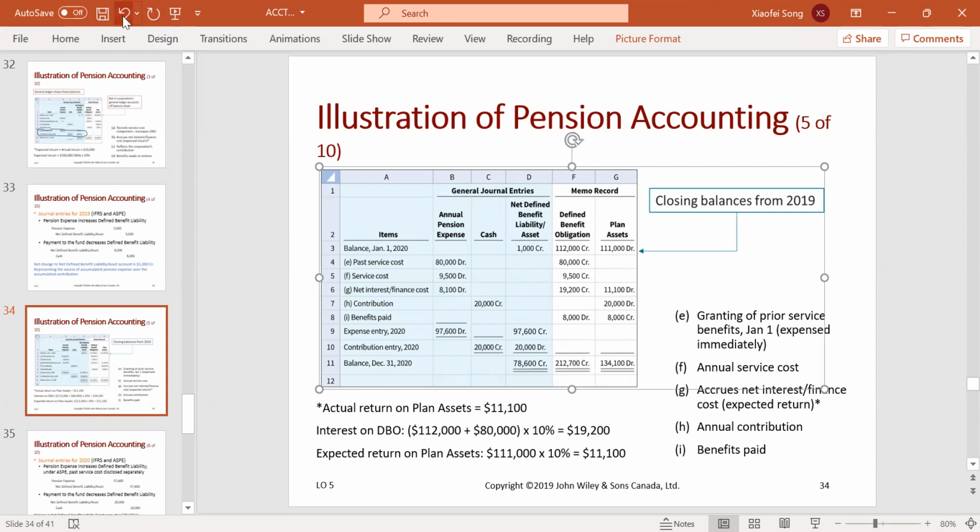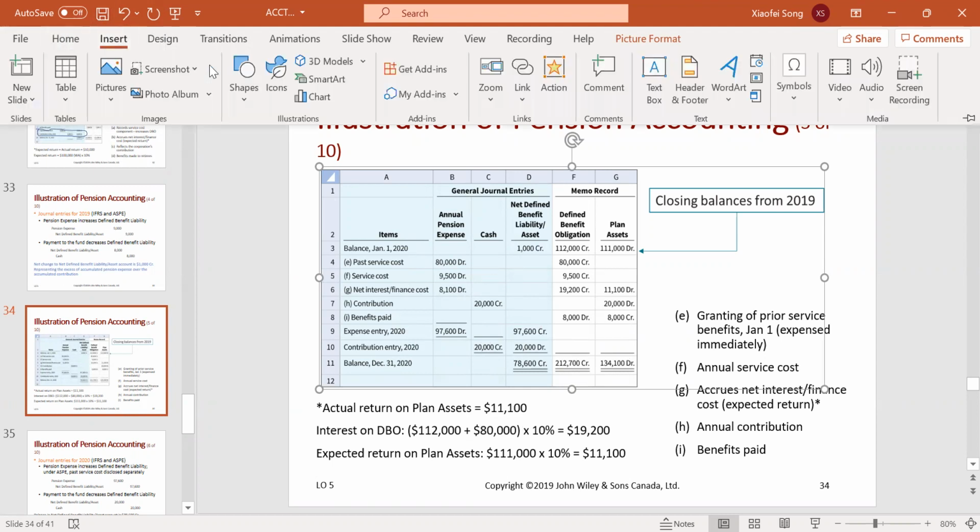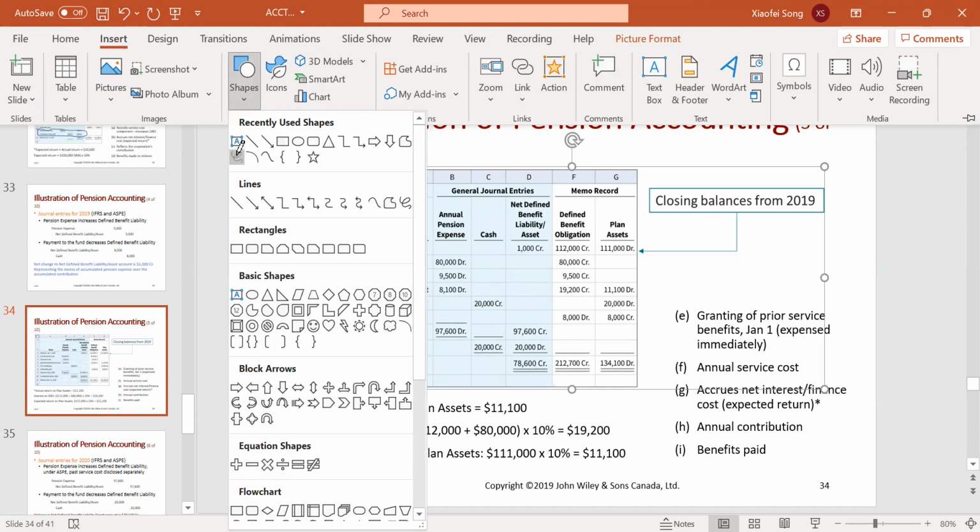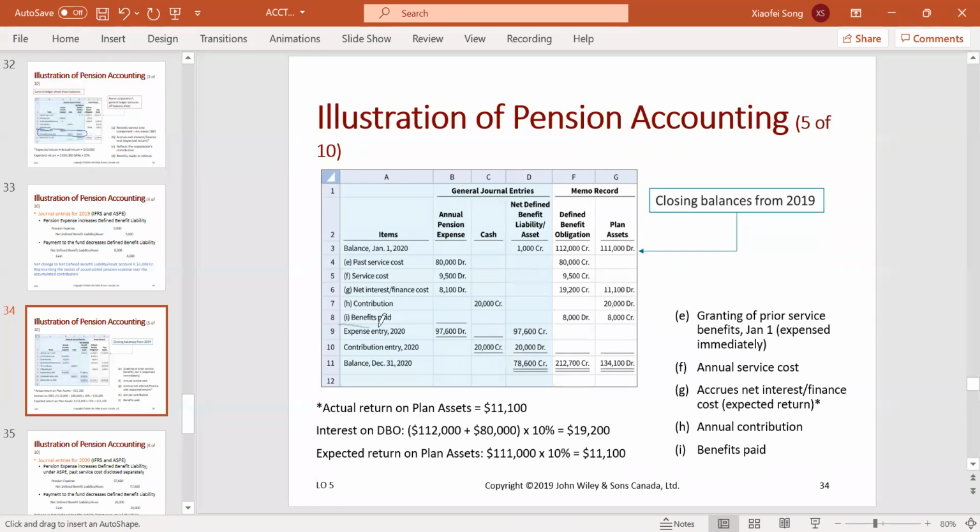What comes next, I really should change the color to emphasize the different nature of these amounts entered. So items E to I, those are not real journal entries. We're just laying out the impact of those items.